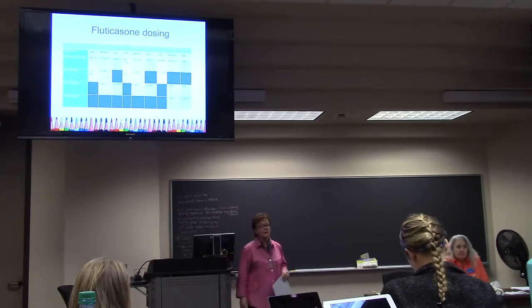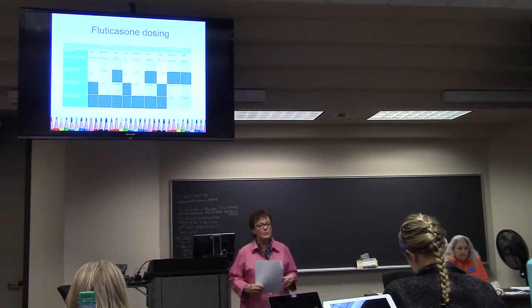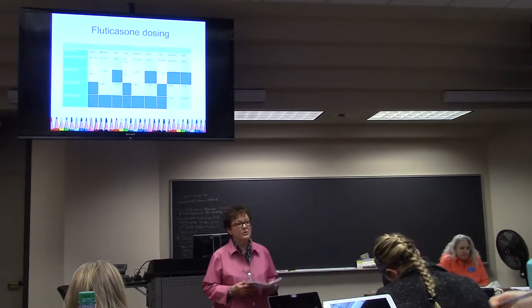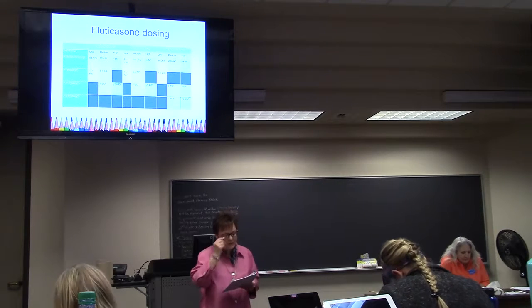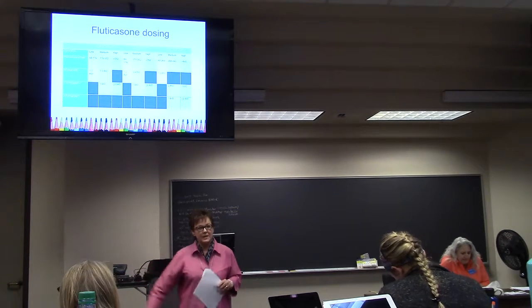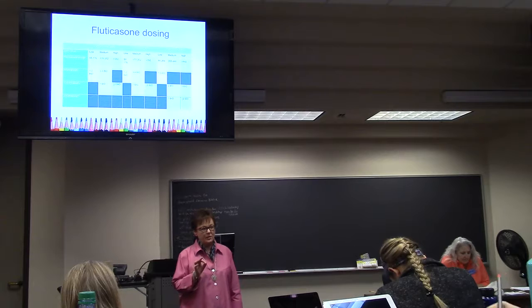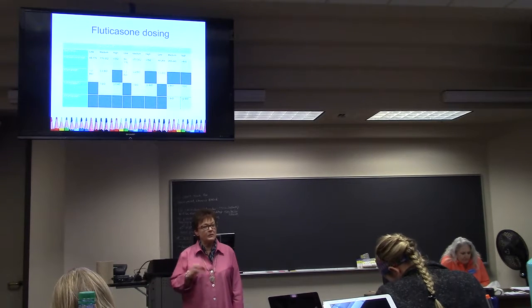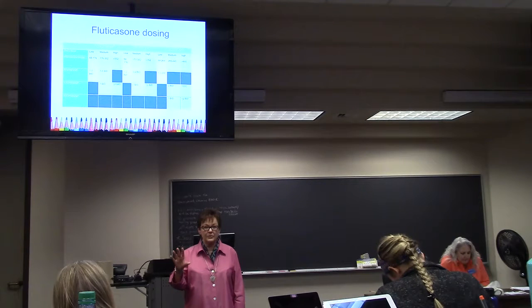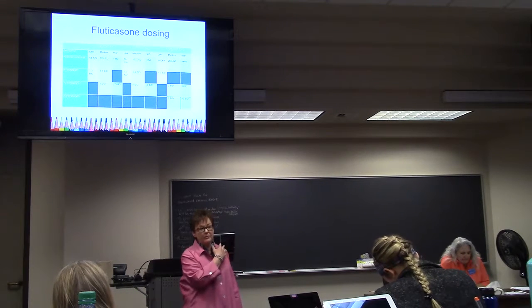Okay, so I want you to know fluticasone and I want you to know budesonide dosing. I'm going to show you the easy way to remember it. This is how I do it. So with the inhaled corticosteroids, there's lots of them. I like fluticasone. At the lower end, it's comparable to the least expensive. All of these are expensive. They all start at about $150 an inhaler and go up from there.